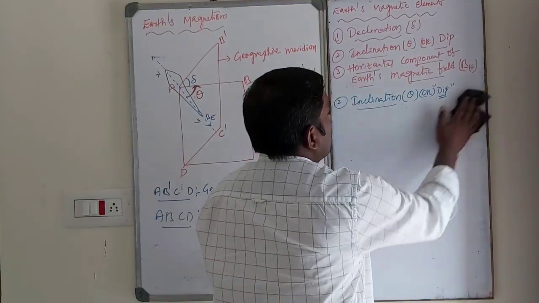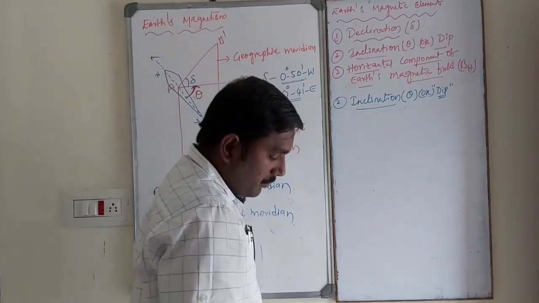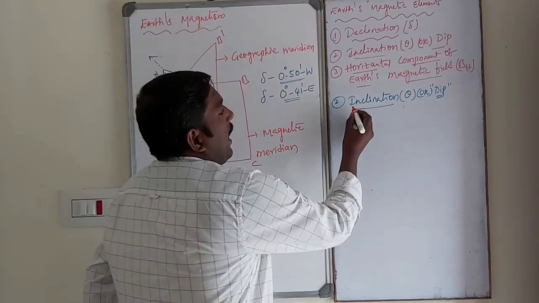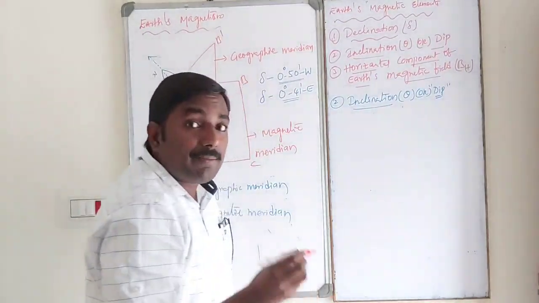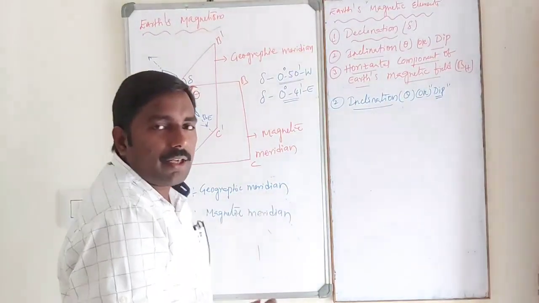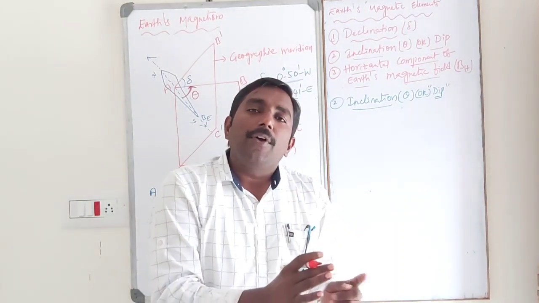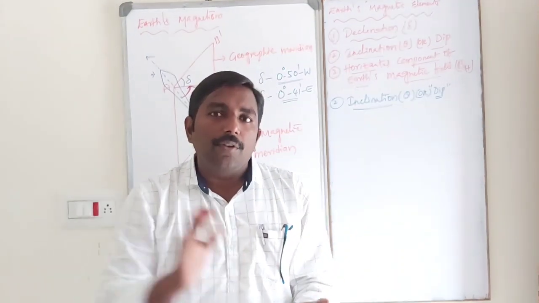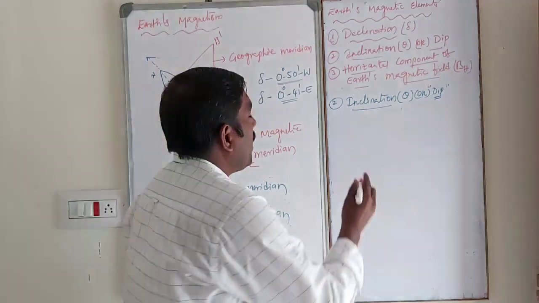Okay, so the value of inclination is minimum at equator. Dip value varies from 0 degree to 90 degree కామన్‌గా.